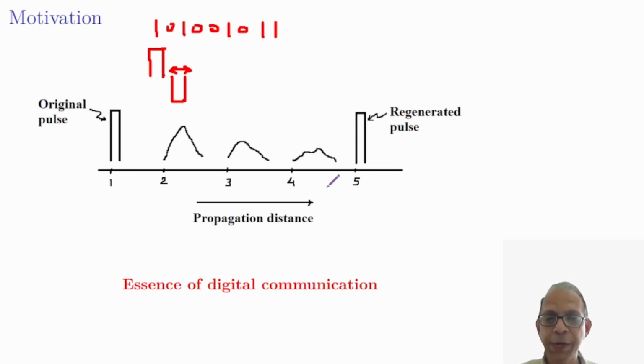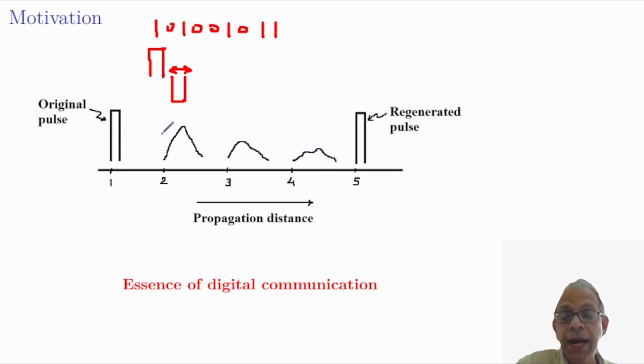This can of course be done if there is no noise in the channel, but that is never the case. So in the presence of noise, the pulse shape and pulse amplitude are going to change, and an analog communication system cannot faithfully reproduce the original pulse.